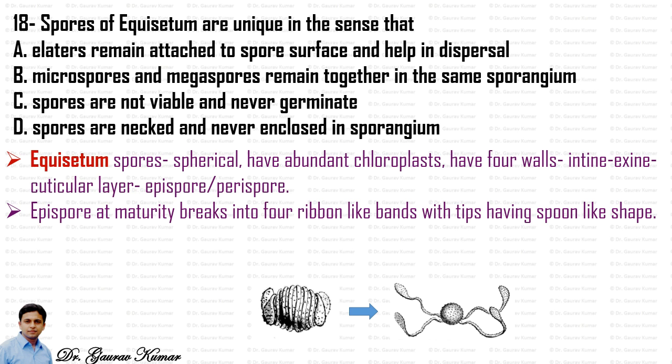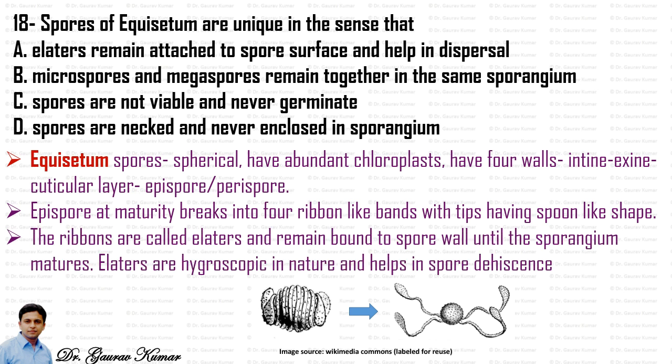You can see in the figure on the right hand side that the bands show tips with a spoon-like structure. The ribbons are called elaters and remain bound to the spore wall until the sporangium matures. Now elaters are hygroscopic in nature and help in spore dispersal. So the answer to this question will be the first one, that is, the spores of Equisetum are unique in the sense that elaters remain attached to the spore surface and help in dispersal.